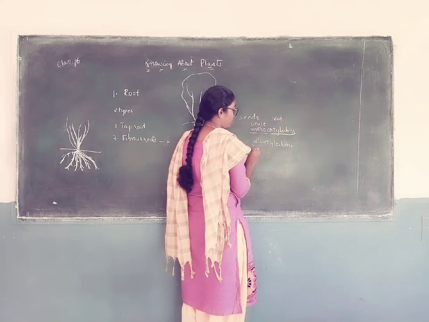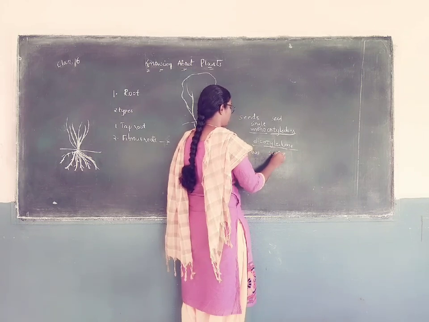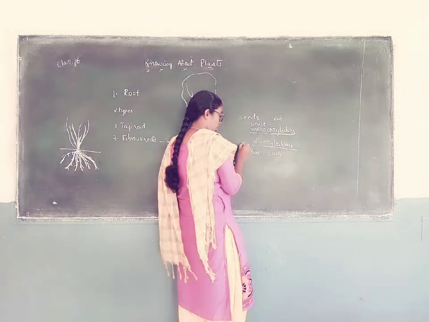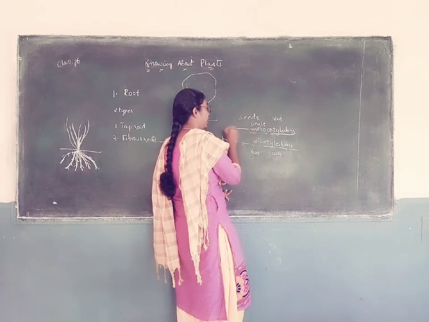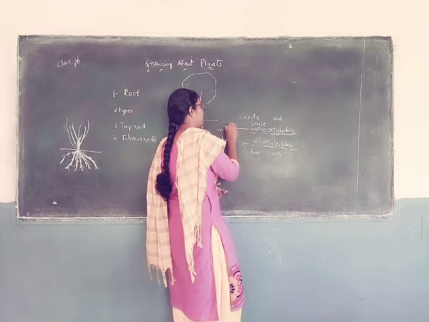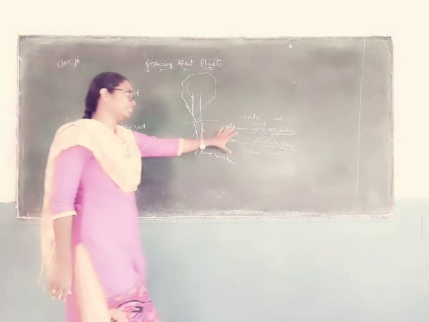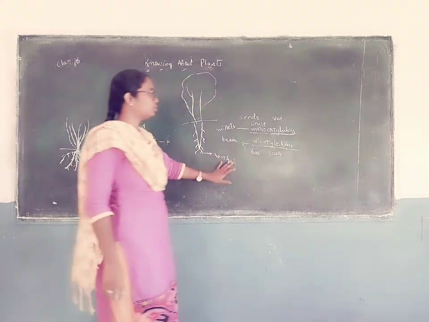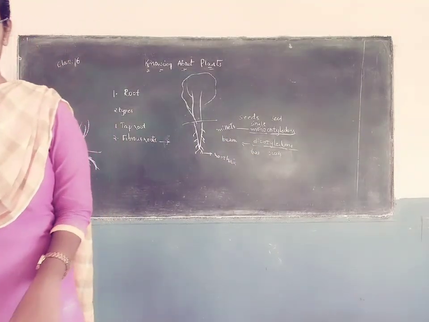Di means 2, cotyledons means seeds. Beans are an example for dicotyledons, and millets are an example for monocotyledons. So monocotyledons contain fibrous roots, dicotyledons contain taproot system.